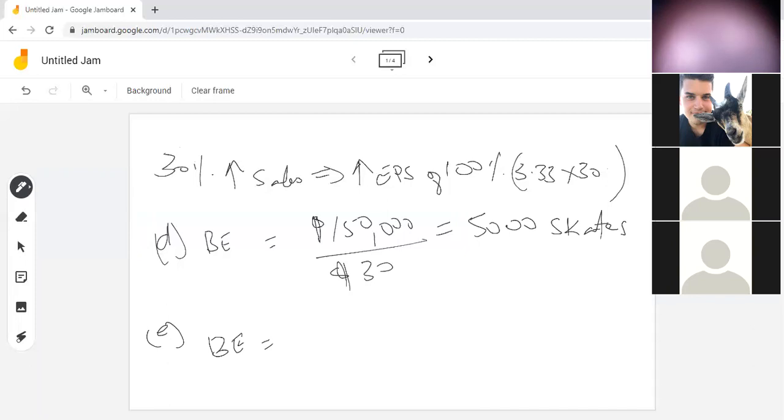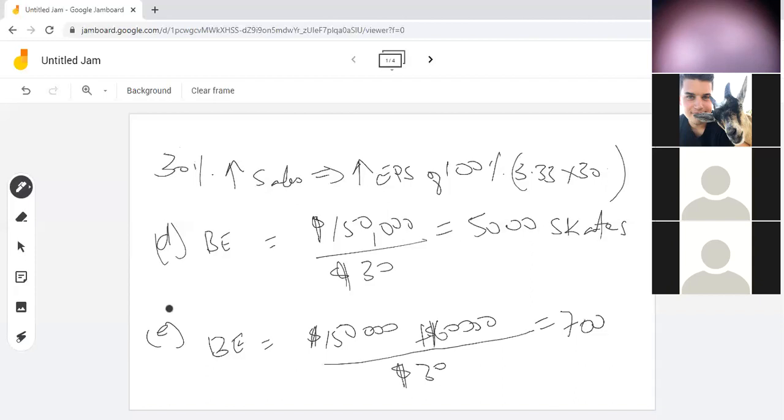So it's going to be 150 plus 60,000. And our contribution margin remains the same. And so this should translate into 7,000 skates.